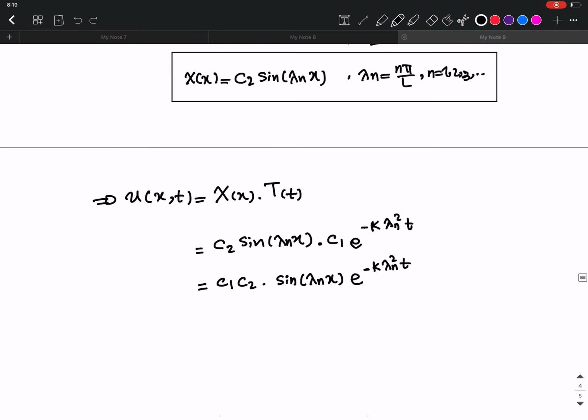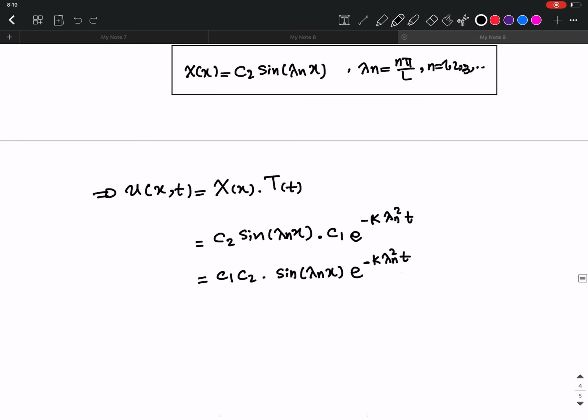So I'm going to get u_n, this is only one solution, for x and t, as a function of x and t. It's going to be, instead of c1 times c2, I'm going to write d_n, because this coefficient can be different depending on the lambda n.